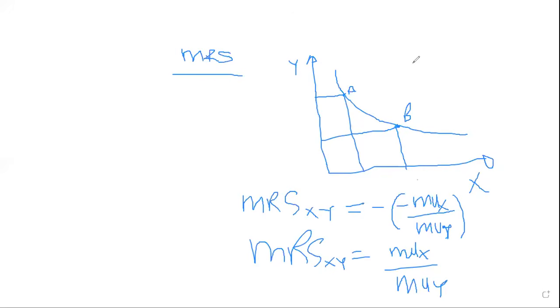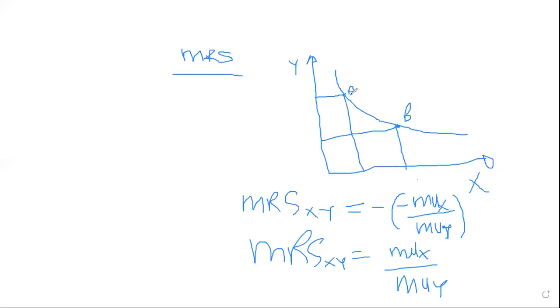Now there's this law, which we call the law of diminishing marginal rate of substitution. And what does the law say? It says that as you continue to substitute one commodity for the other, the rate at which you substitute it declines.